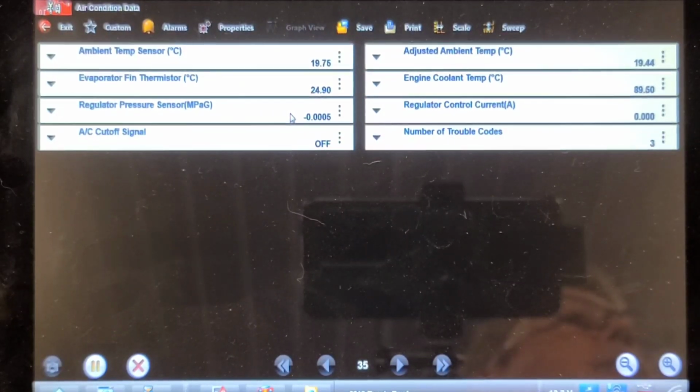How come it says 3 trouble codes in here? Evaporator fin temperature 24.9, engine coolant temperature. Regulator pressure sensor in megapascals. I'm not sure what that unit is. MPAG.